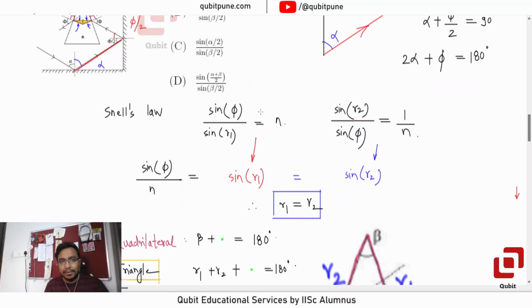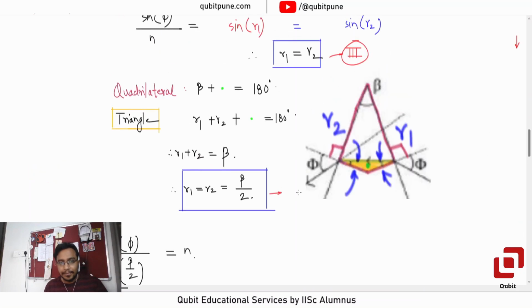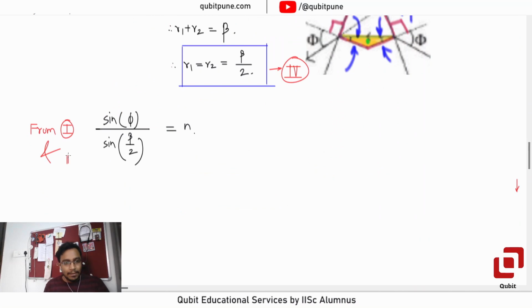Let's call this 1, let's call this 2, let's call this 3. So we have got it from 1, and let's call this 4.